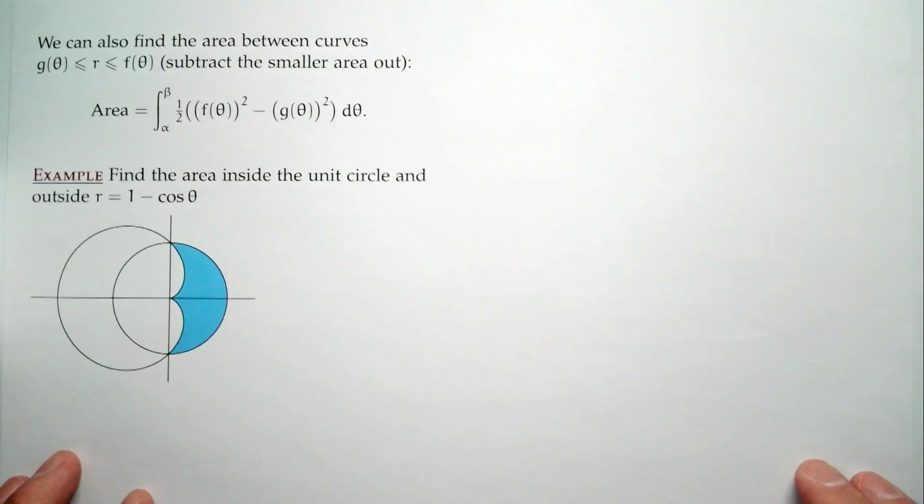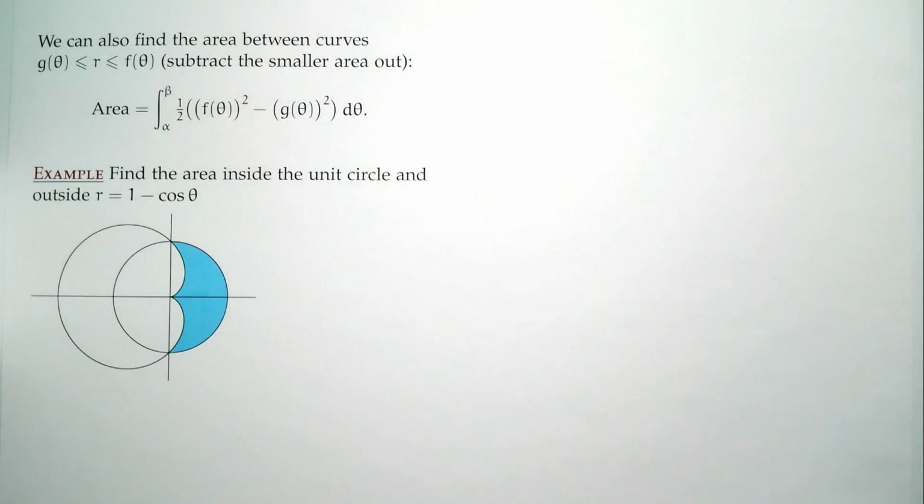Now, you can have the case when you're going between curves. So you're going from an outside curve to an inside curve. And we can talk about the area that's between them. All right, well, that's not really any different than a lot of the things we've been talking about. So we've been talking, for example, about the washer method. We said, hey, we're going to find the big volume, then we're going to subtract out the small volume.